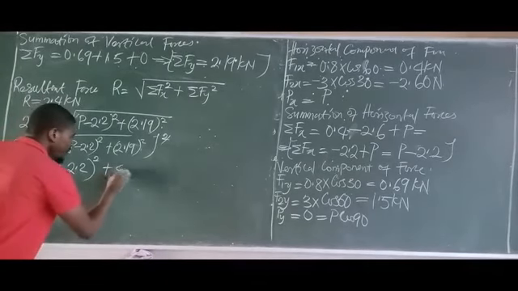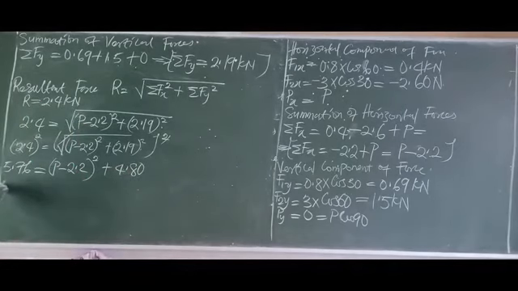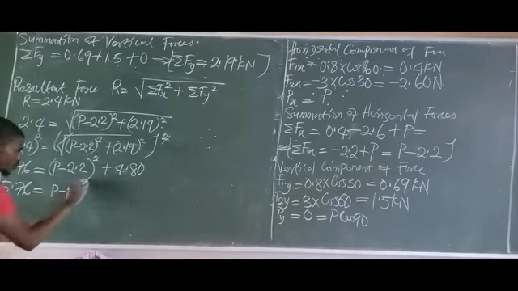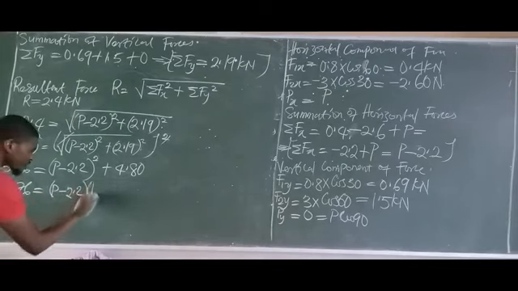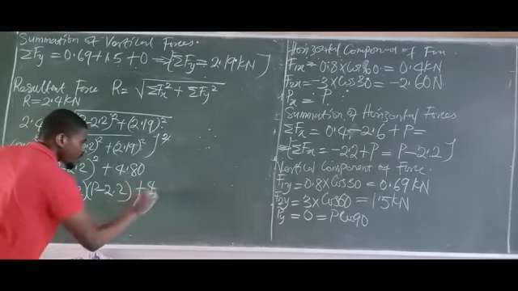That's approximately 4.80. Okay, so we have here 5.76 to now be equal to, so we have to expand p minus 2.2 squared. So let's expand this, p minus 2.2 multiplying by what? P minus 2.2, okay, plus 4.80.